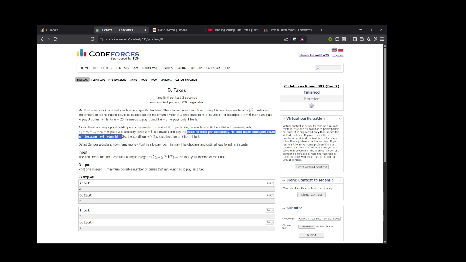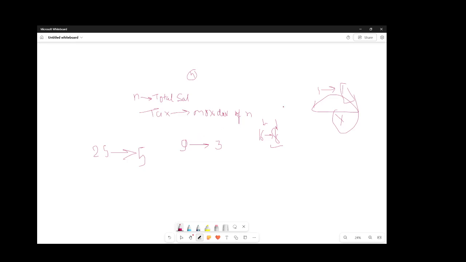So the condition ni greater than or equal to 2 should hold for all i from 1 to k. Perfect. Means that for all the k sets he created from the salary, in all the sets there would be ni greater than or equal to 2.